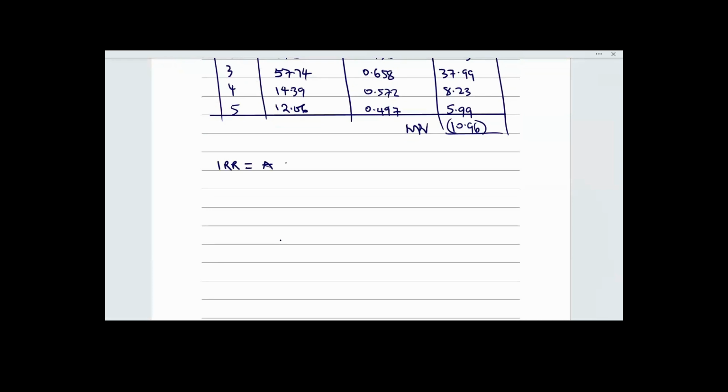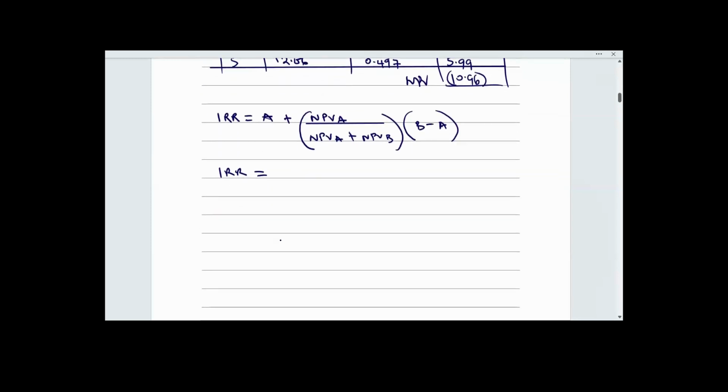Therefore, lower discount rate plus the NPV of the lower discount rate over NPV of the lower discount rate plus NPV of the higher discount rate, all multiplied by higher discount rate minus lower discount rate. So for our internal rate of return, we assume 15% and then 11%. 11% is lower, so here will be 11 plus NPV of 11.94 divided by 0.94 plus NPV of higher discount rate, which is 10.96.